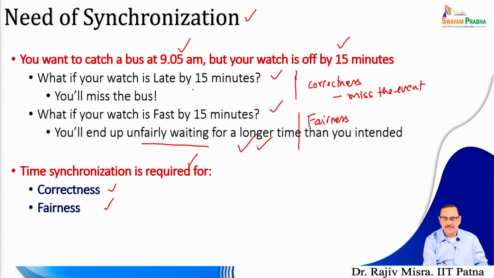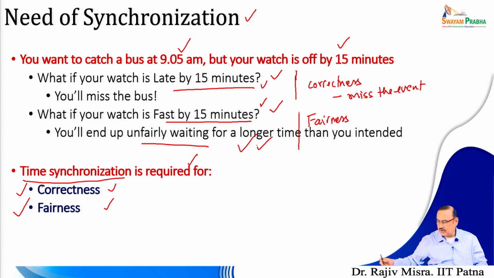So, in both the cases, neither your clock should be behind or late, nor it should be ahead, that is fast. So, this particular thing is called the clock synchronization. If the clocks are synchronized, then you can ensure the correctness and ensure the fairness at all point of time in ordering the events or in detecting or catching the events.